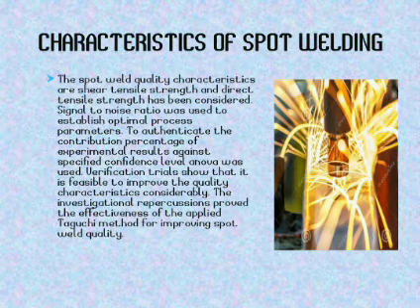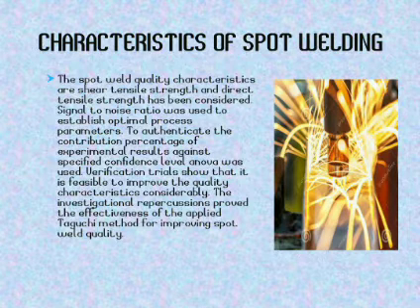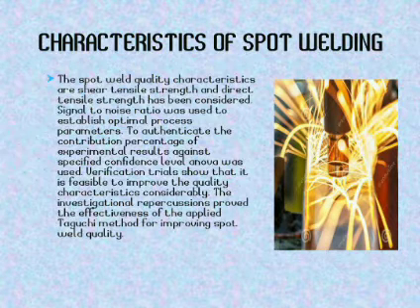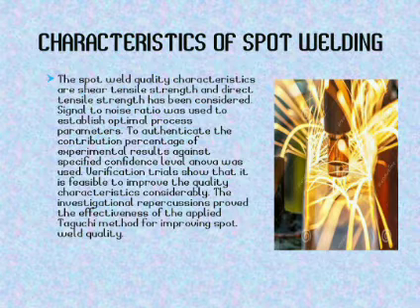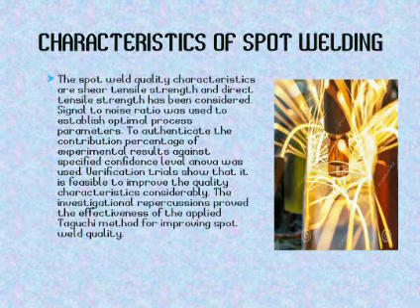Characteristic of spot welding: the spot weld quality characteristics, shear tensile strength and direct tensile strength, have been considered. Signal to noise ratio was used to establish optimal process parameters and to authenticate the contribution percentage of experimental results against a specified confidence level, and ANOVA was used.